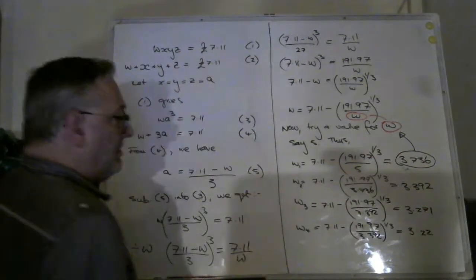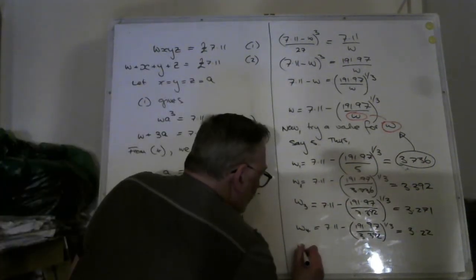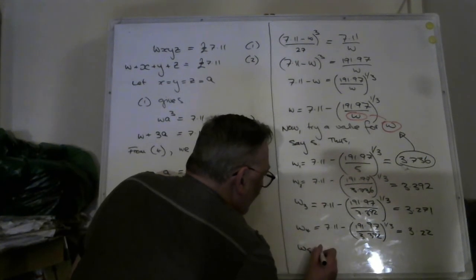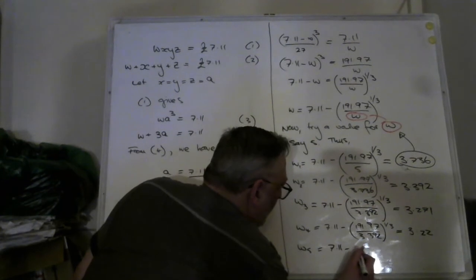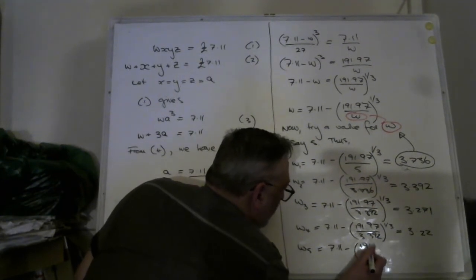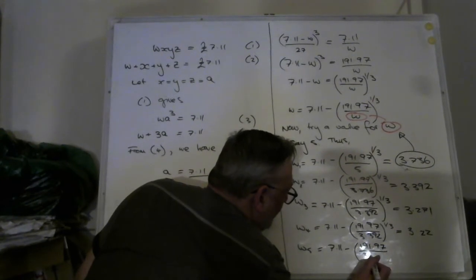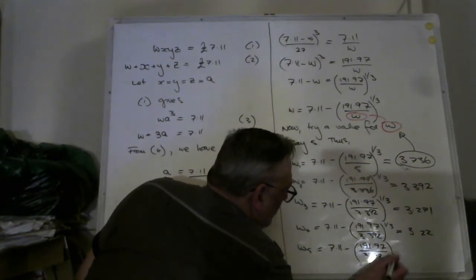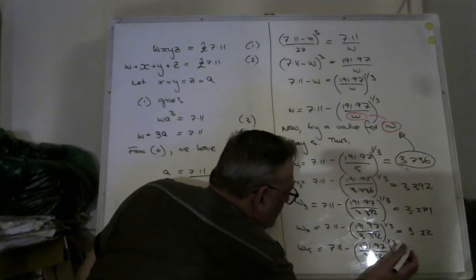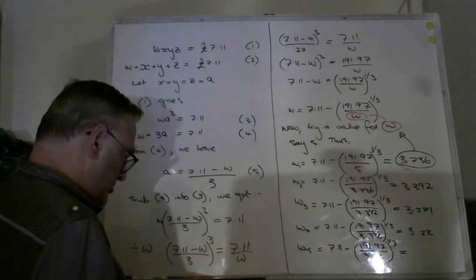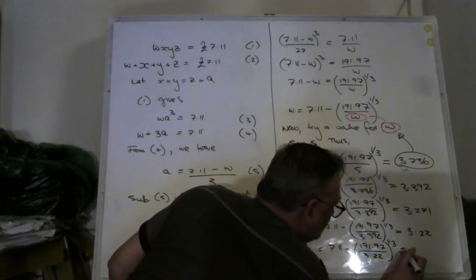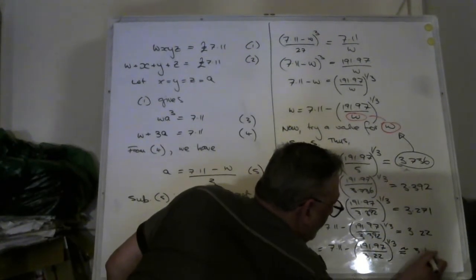It's beginning to converge. So W5 is equal to 7.11 minus 191.97 over 3.22 all to the power a third. And that's equal to approximately 3.19.